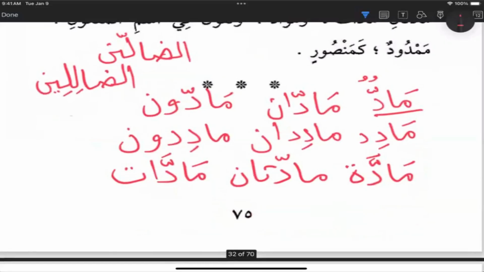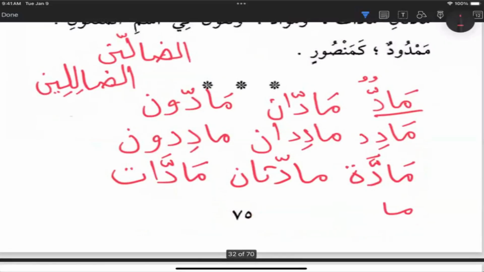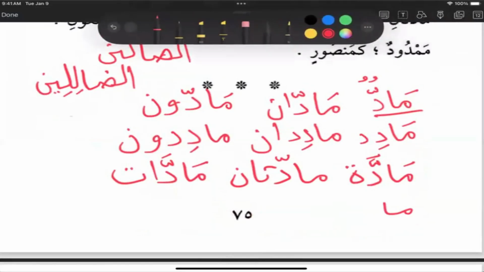And also this plural, mawadd. The origin is mawadid. Mafa'il. Fawa'il. Fawa'il. Not mafa'il. Fawa'il.